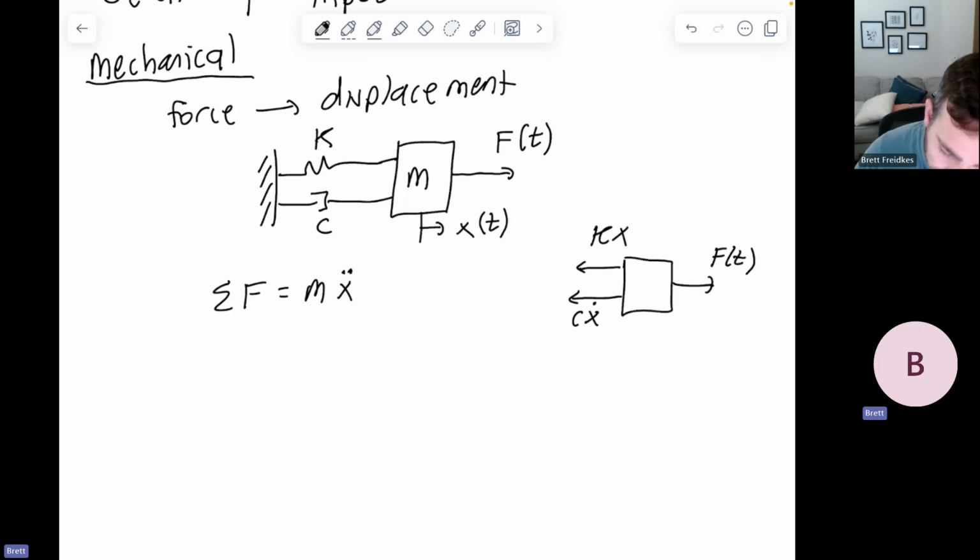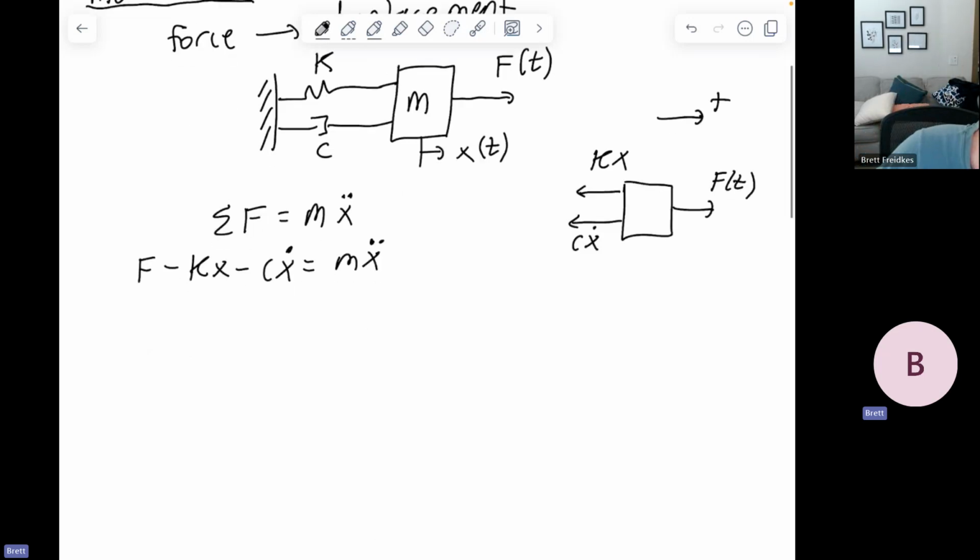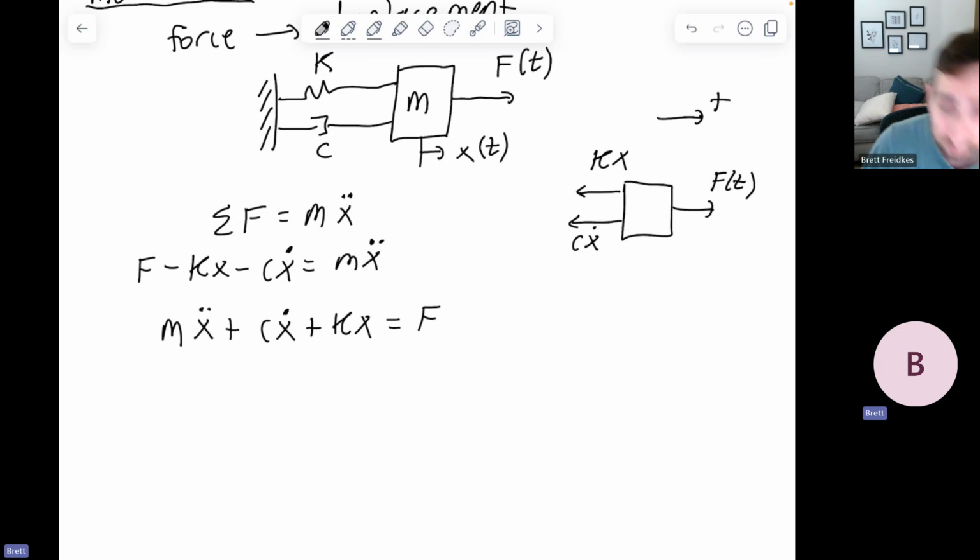So if we sum these forces, and again, we're assuming this moves to the right, so we'll say that this is our positive direction, we will have f of t minus kx minus c x dot, that is equal to m x double dot. And then, of course, we can get everything up to one side to give us our differential equation that relates our input to our output.